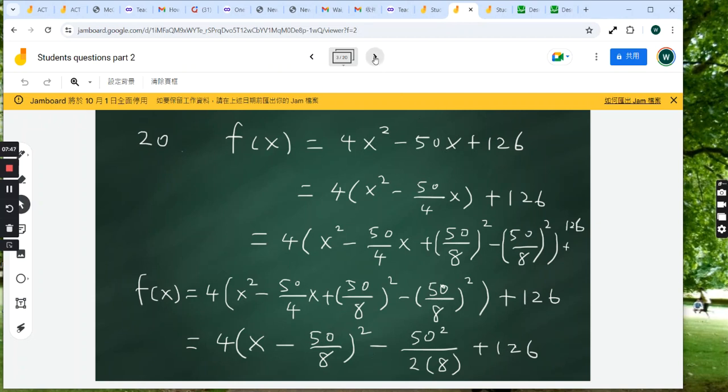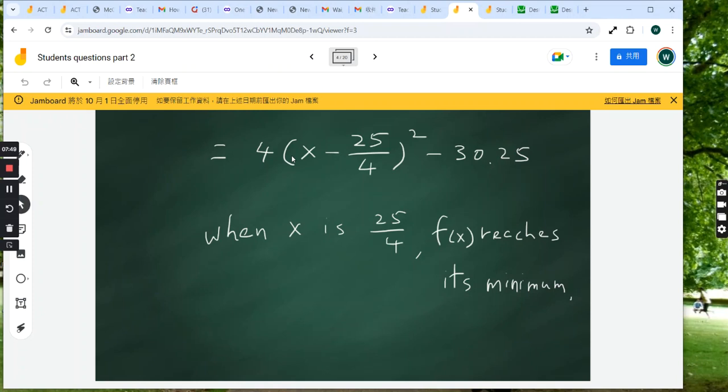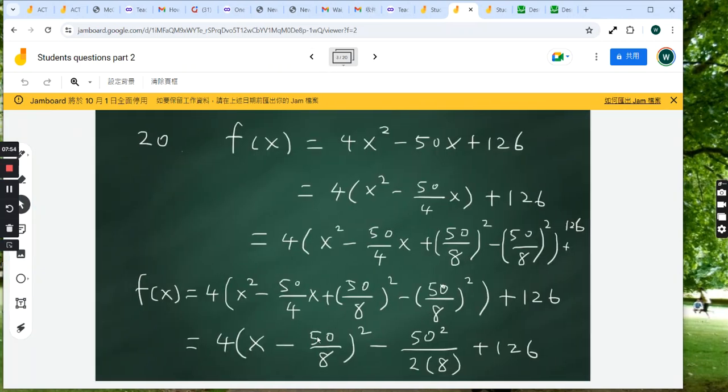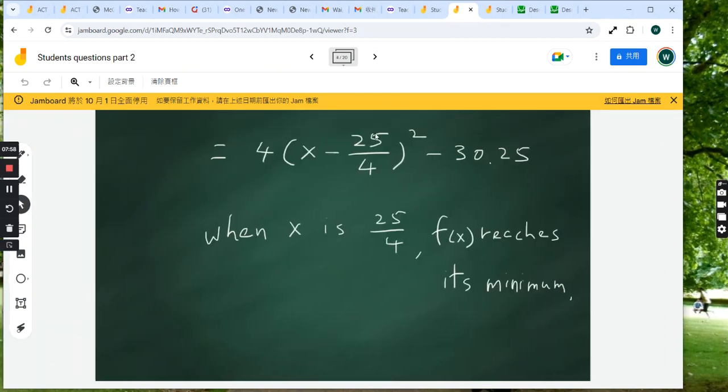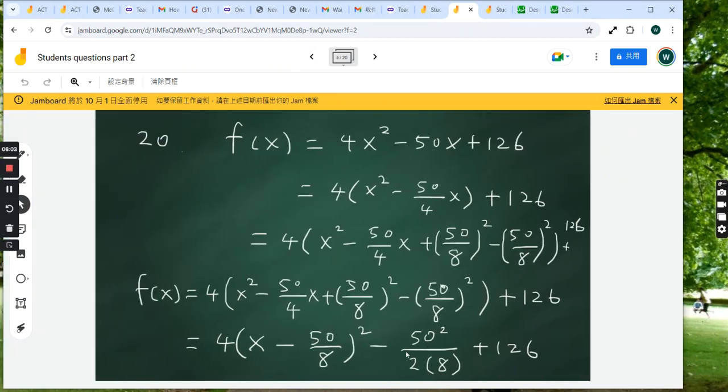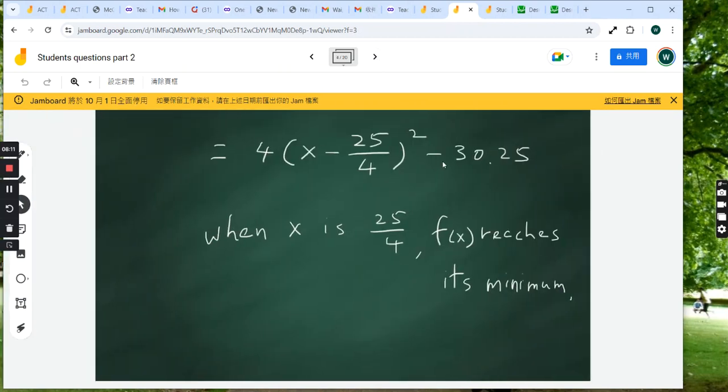On the next page, 50 over 8 is 25 over 4, so we have 4 times x minus 25 over 4 squared, and then the summation of the two constants, which you can do with a calculator or with fractions, turns out to be negative 30.25. This is the vertex form already.